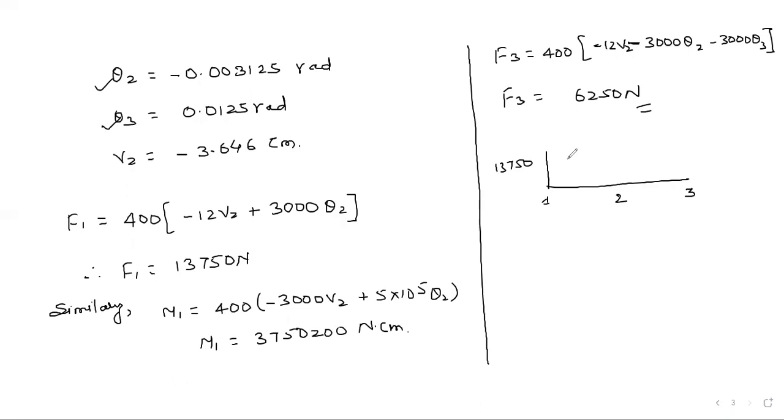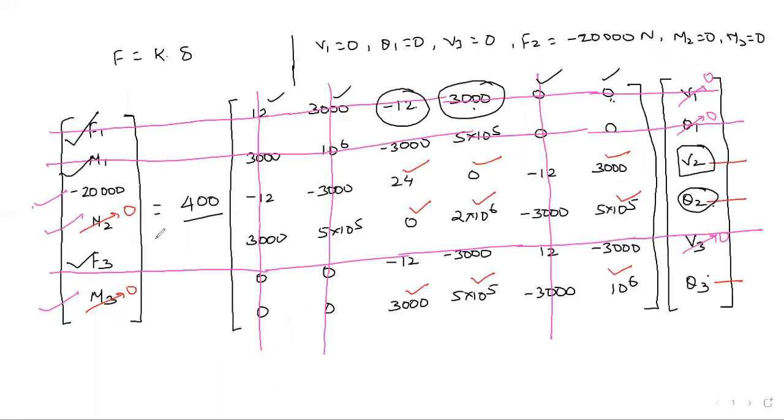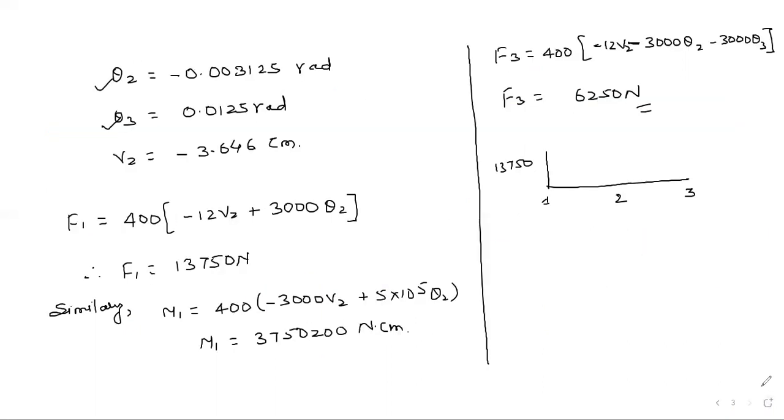Then your F2 value. F2 value is already given, minus 20,000. So minus 20,000 we will draw here, and again we will come minus. If you subtract 20,000 from here, we are going to get minus 6250.